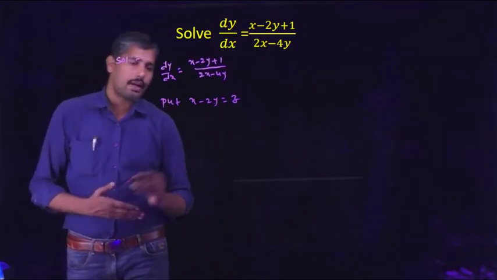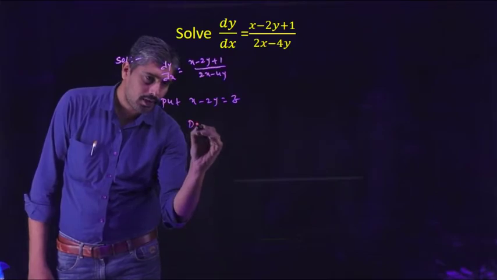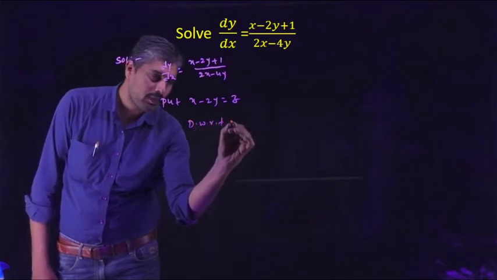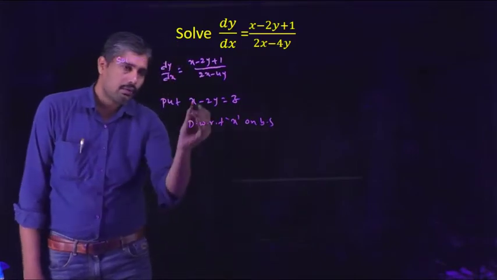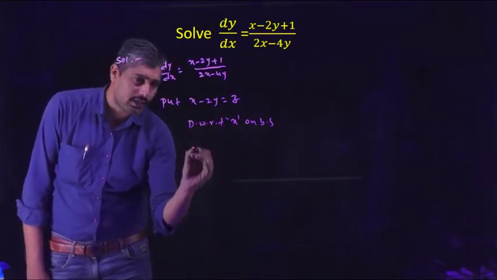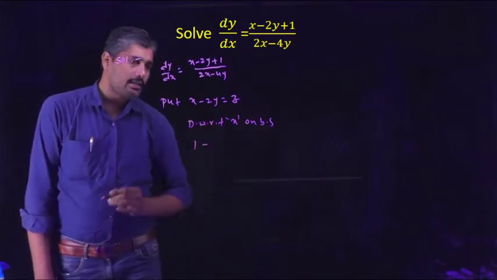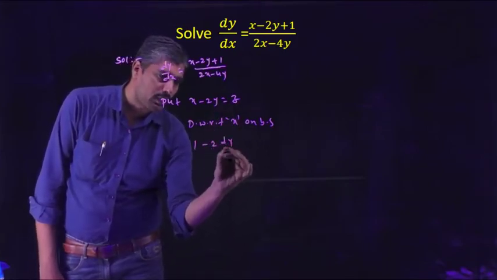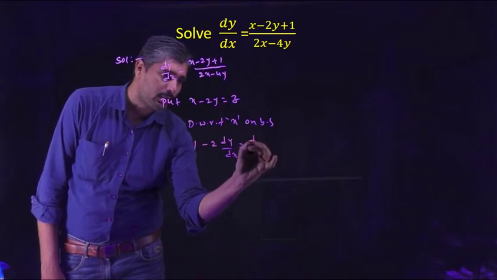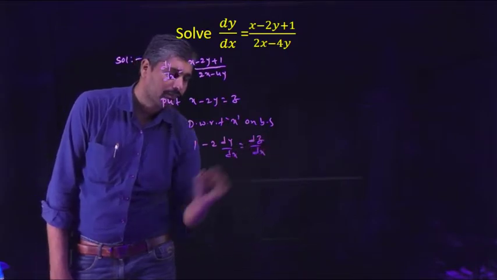Derivative with respect to x on both sides. Right, we know that derivative of x is 1 minus 2 into derivative of y with respect to x, that is 2 into dy by dx equal to dz by dx.